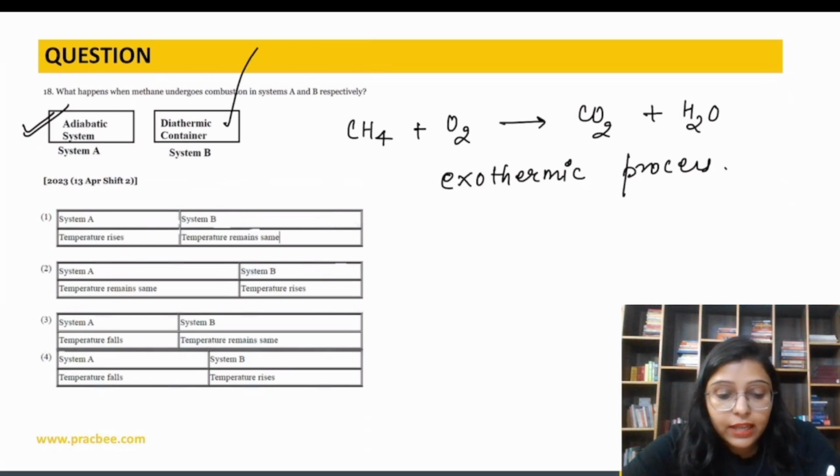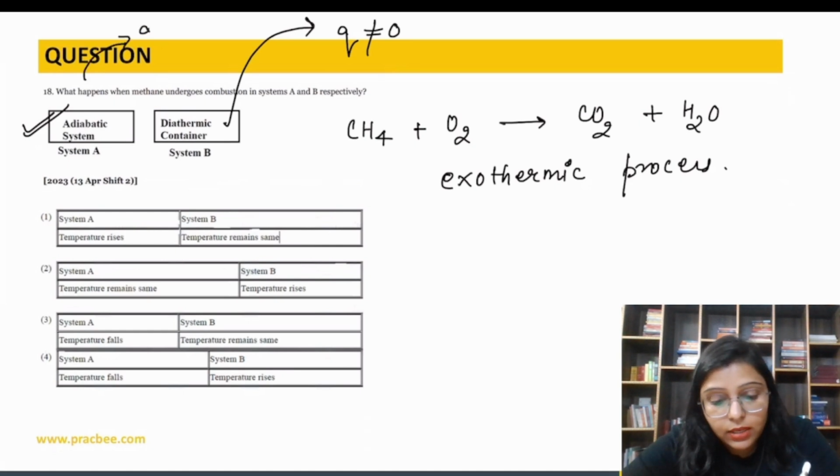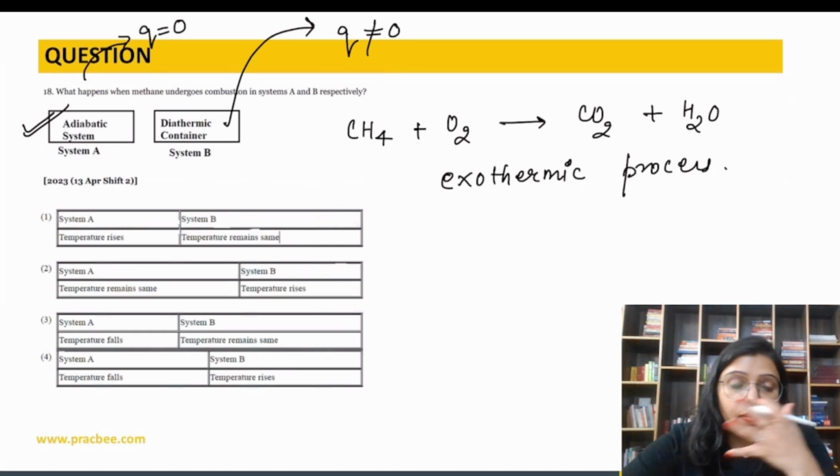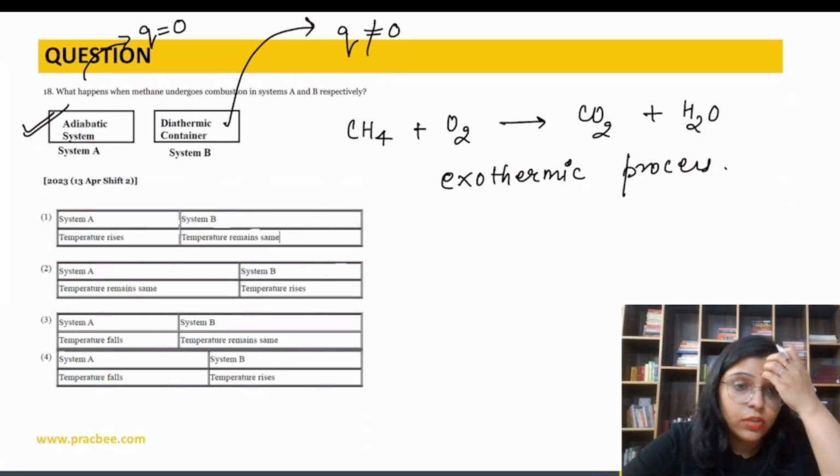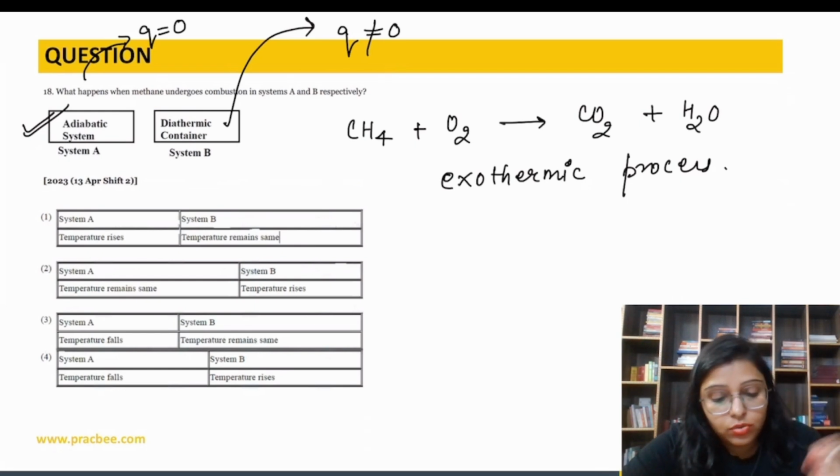And if we have a diathermic system, where heat can be exchanged between system and surrounding, then the exothermic process releases heat from the system, so the temperature remains the same. It will not change the temperature.